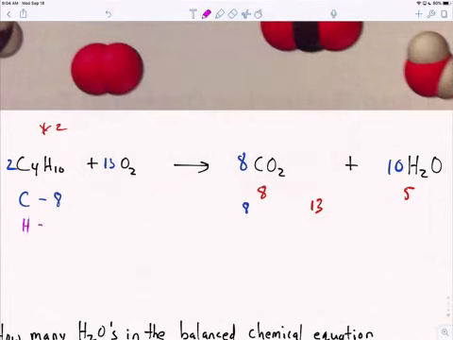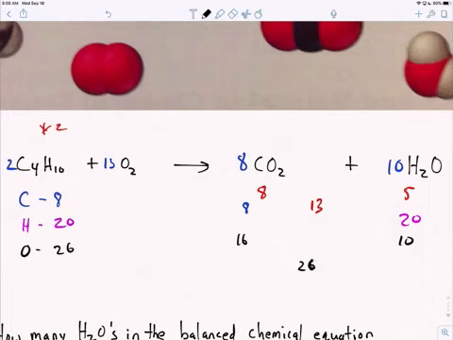Hydrogen, we have 20 on the left, so 2 times the H10, 20 there, and we have 10 times 2 over here, or 20 on the right. And I'll go black for oxygen. Oxygen, we have 13 times 2, or 26 oxygens there. So 8 CO2s, 8 times 2 is 16, 10 times 1 is 10, or we have 26 oxygens on the right. So notice we have the same number of each type of atom on both sides of the equation.